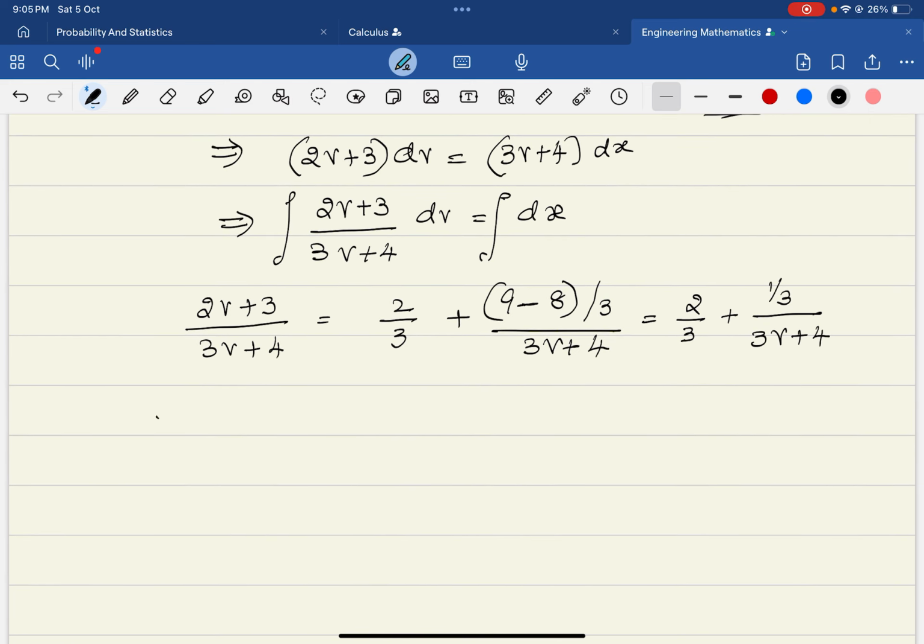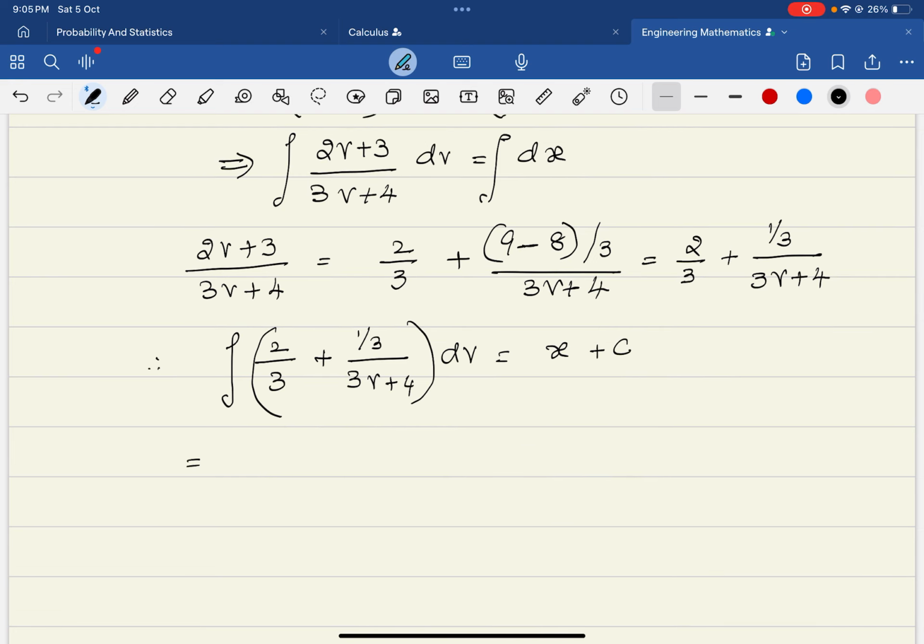So now what it gives you? We are going to express 2v plus 3 by 3v plus 4 as this whole expression. So now we will write the integral of 2 by 3 plus 1 by 3 by 3v plus 4 dv is equal to integral dx, which is x plus the constant.